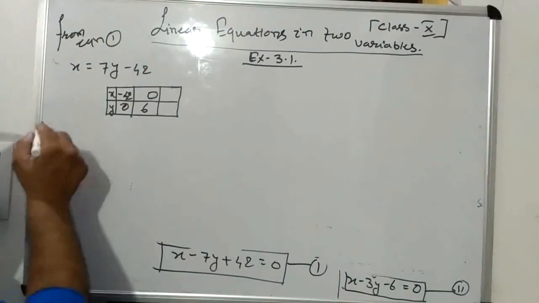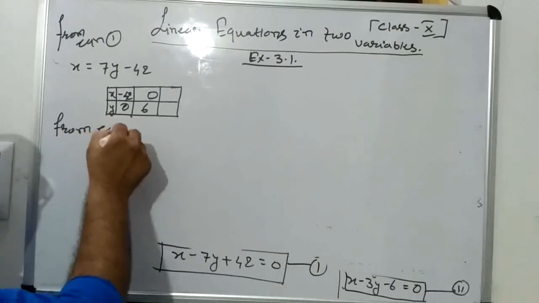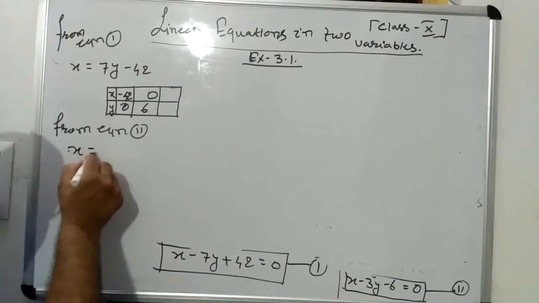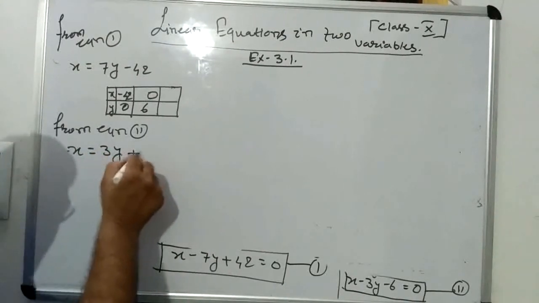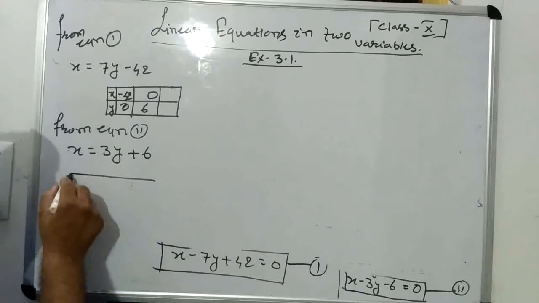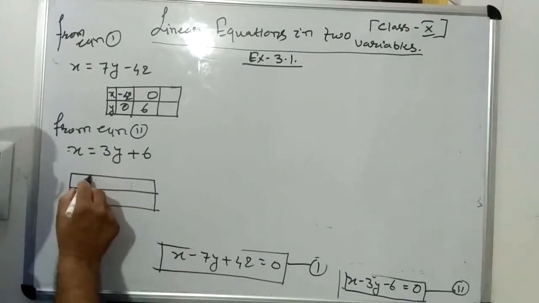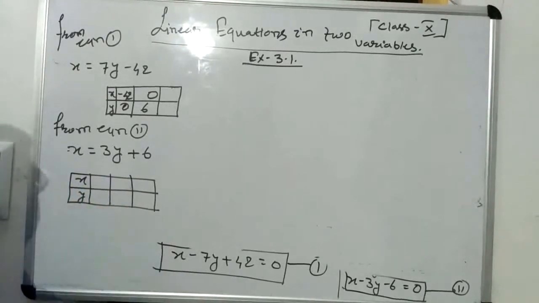Similarly, from equation 2, you can also write x equals 3y plus 6. Again you prepare a chart, that is x and y.